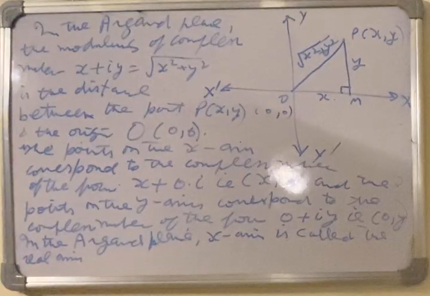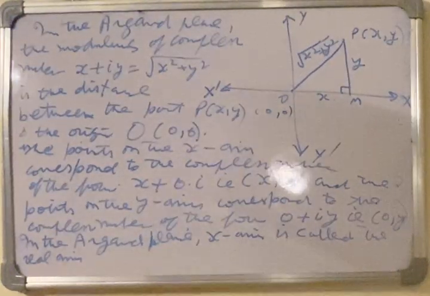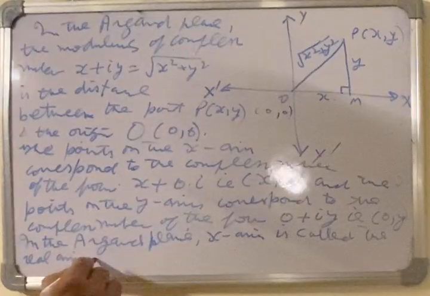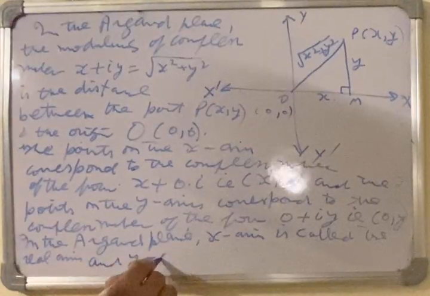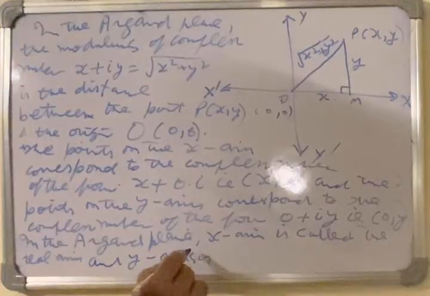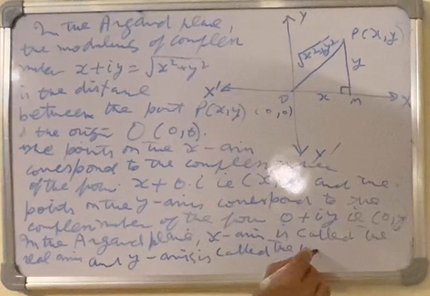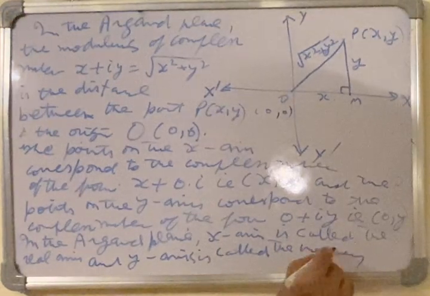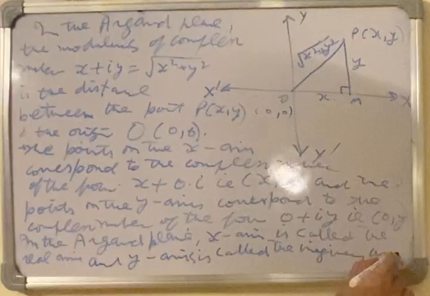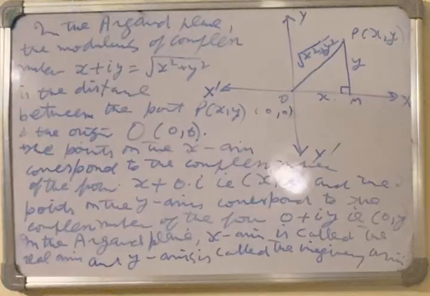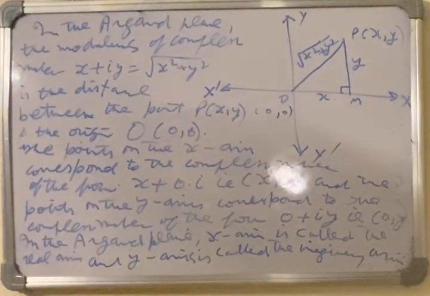And the y-axis is called the imaginary axis, because the points lying on it are of the form (0, y), in which the real part is 0 and the imaginary part is y.